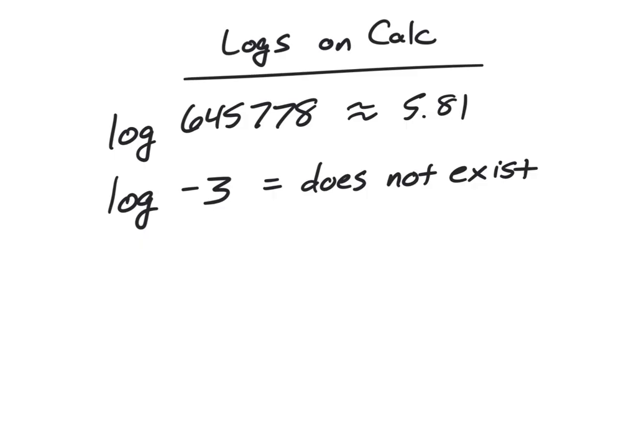Okay, cannot do it. Because what we're saying here is 10 to what power gets me to -3. There is no power, there is no exponent with base 10 that will get me to -3. So anytime you see log of a negative, that's kind of like another log rule. You should automatically know we can't do that.